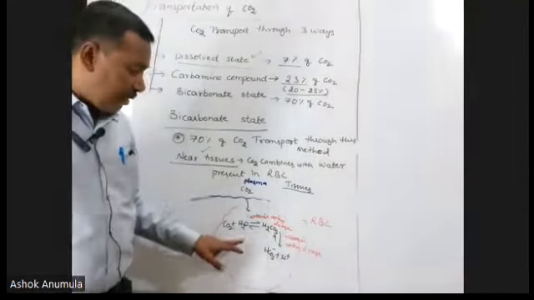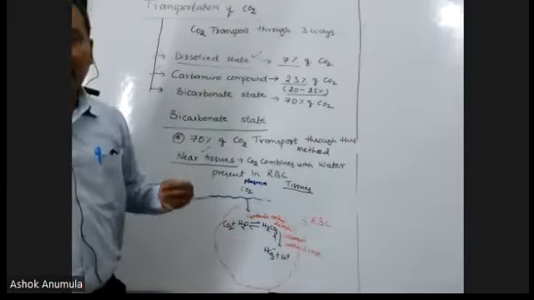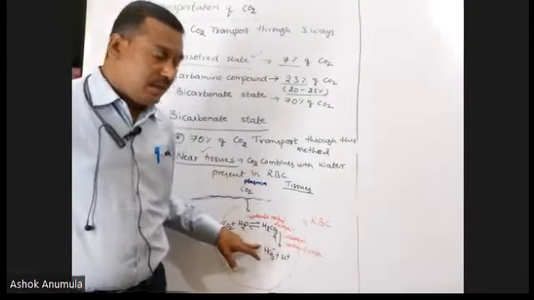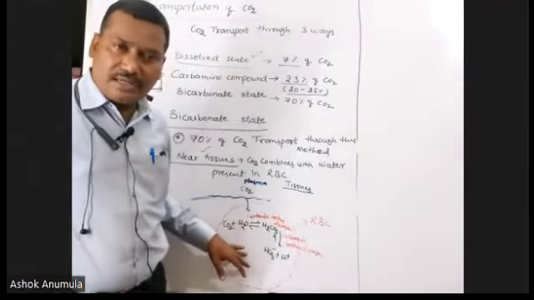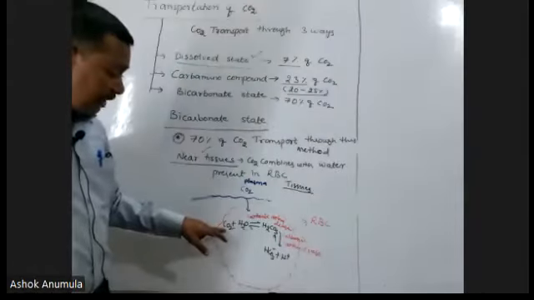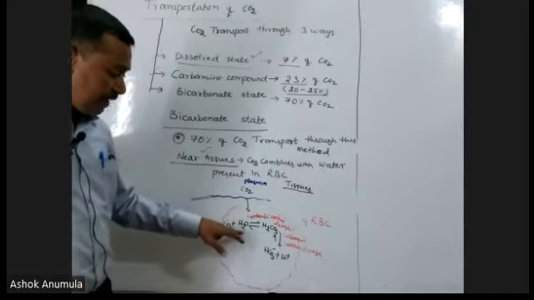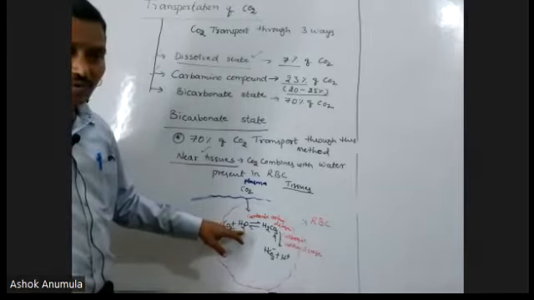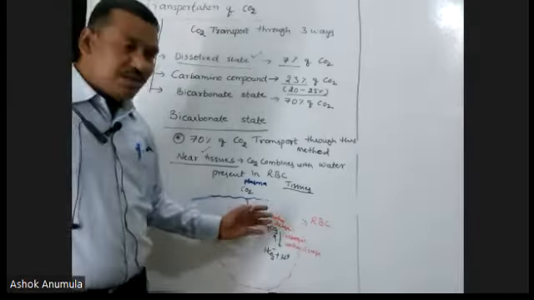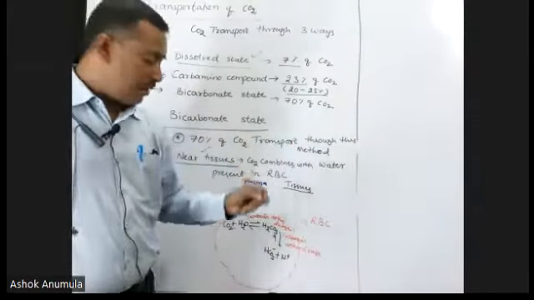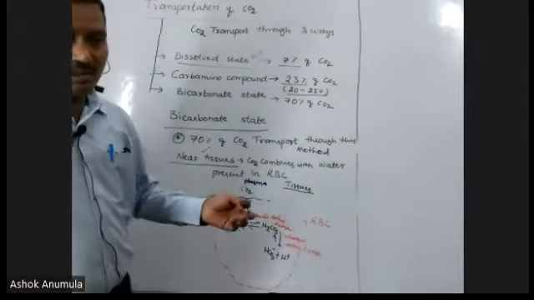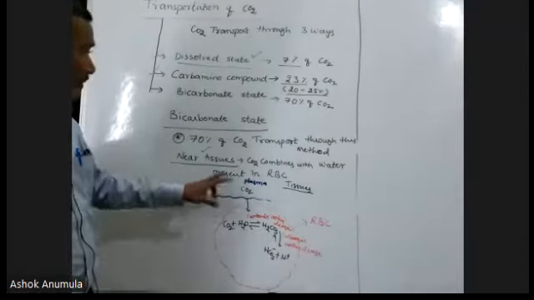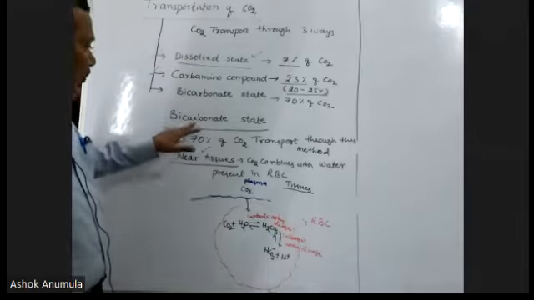But the RBC contains the carbonic anhydrase enzyme, so a greater amount of carbon dioxide combines with the water and is transported through this water. This is the difference between the dissolved state and the bicarbonate state.